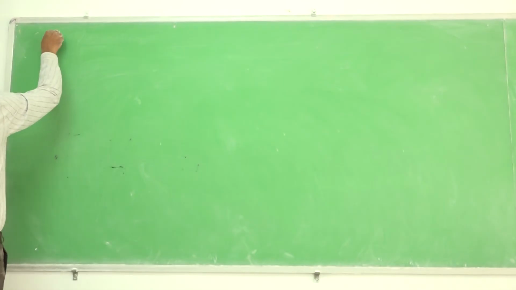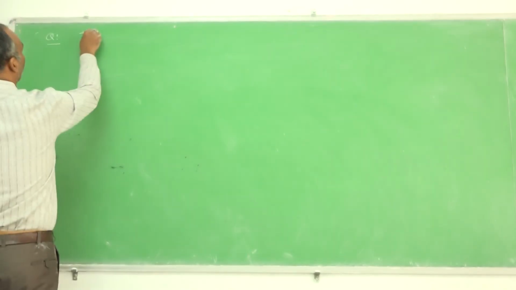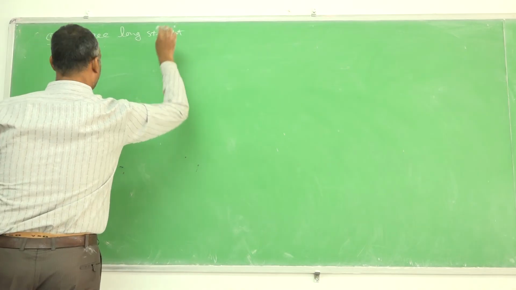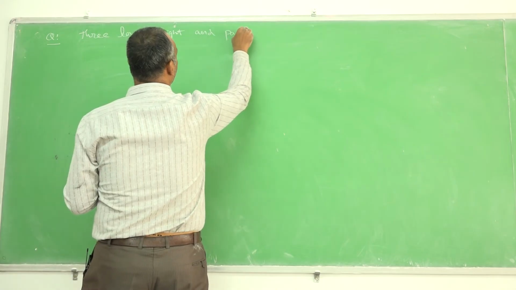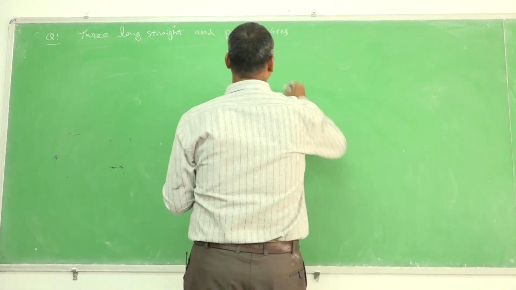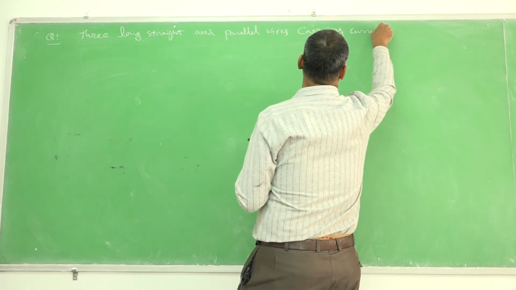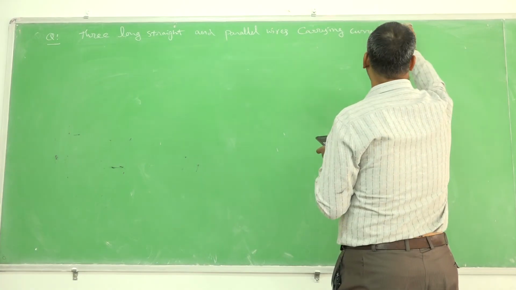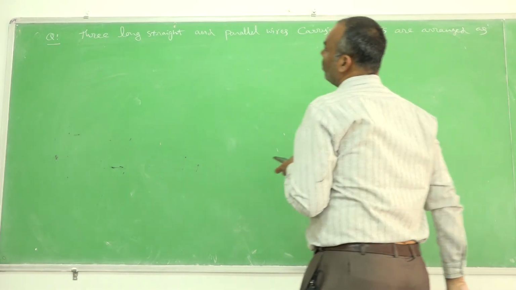The question says: 3 long straight and parallel wires carrying currents, as shown in the figure, are arranged as shown in the figure.